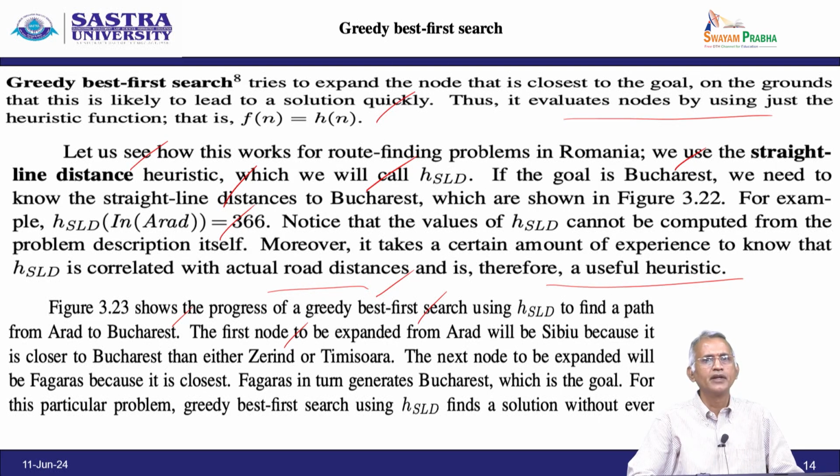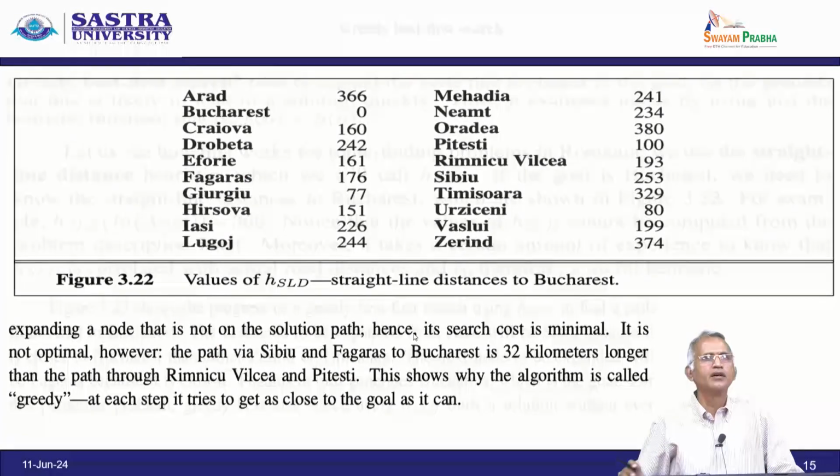The next node to be expanded will be Fagaras, because it is the closest. Fagaras in turn generates Bucharest, which is the goal. For this particular problem, greedy best first search using h SLD finds a solution without ever expanding a node that is not on the solution path.